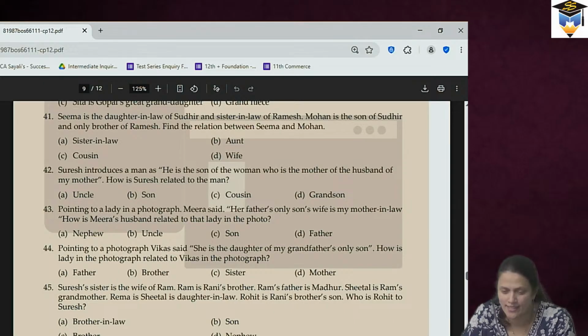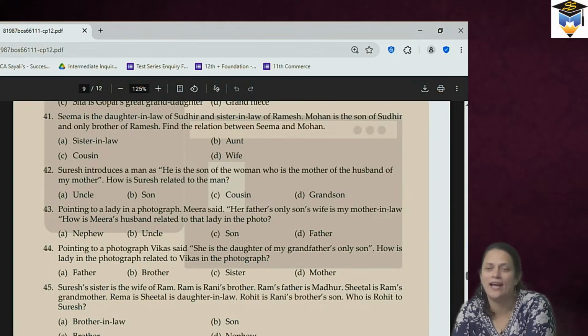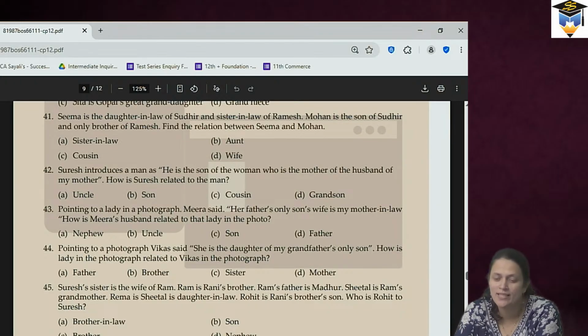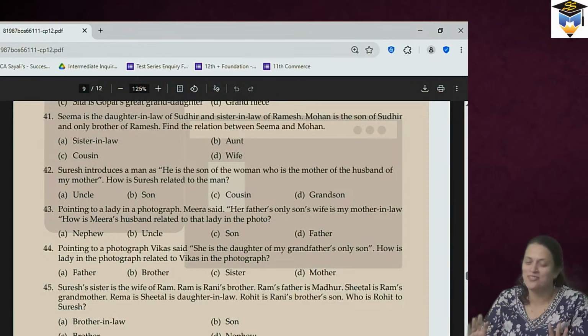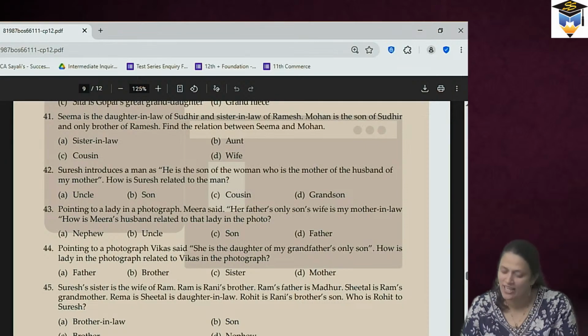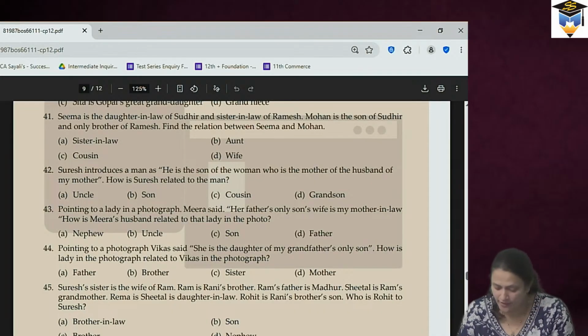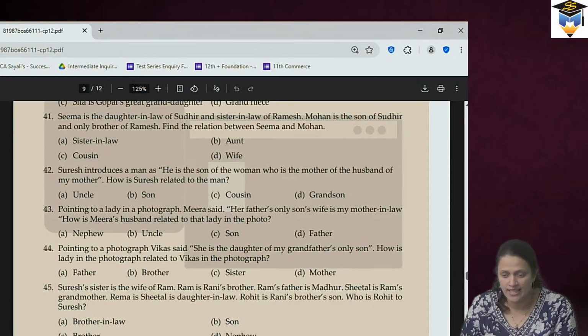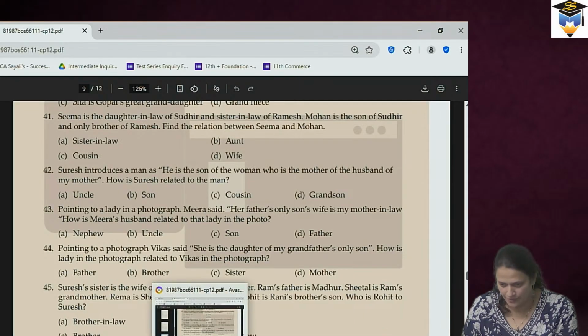Now this is interesting. Suresh introduces a man as: he is the son of the woman who is the mother of husband of my mother. Well, confused. How is Suresh related to the man? Don't worry. We will go part by part. So now what is given to us? He is the son of the woman. So let me draw the diagram first.